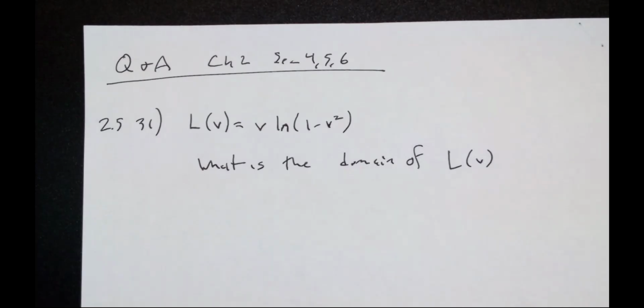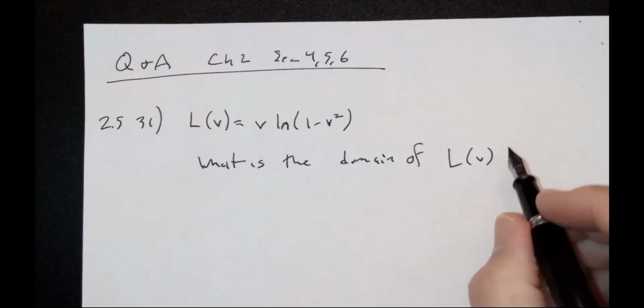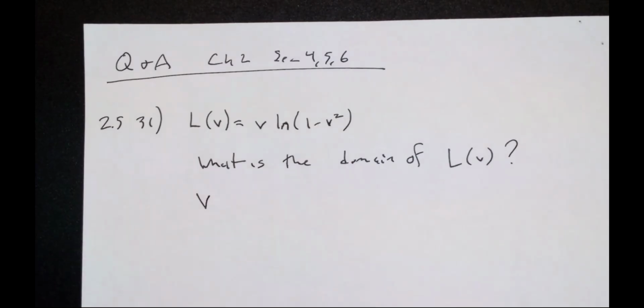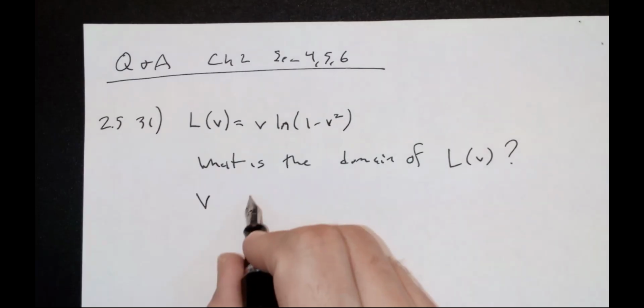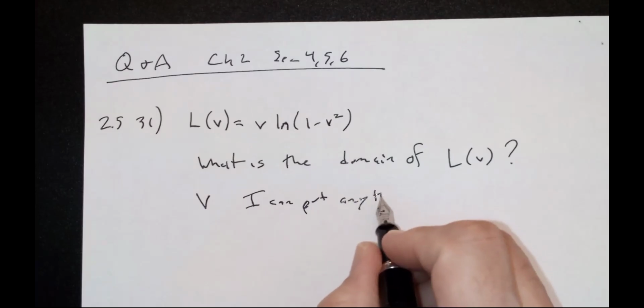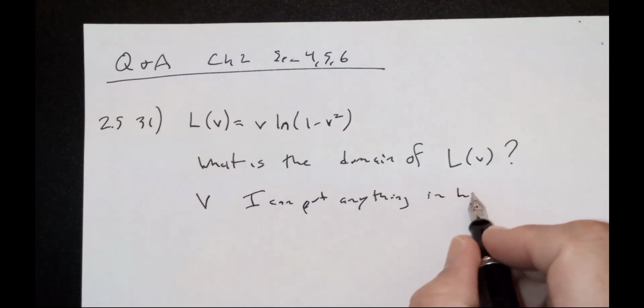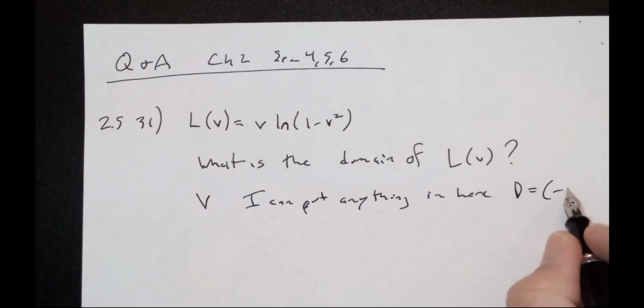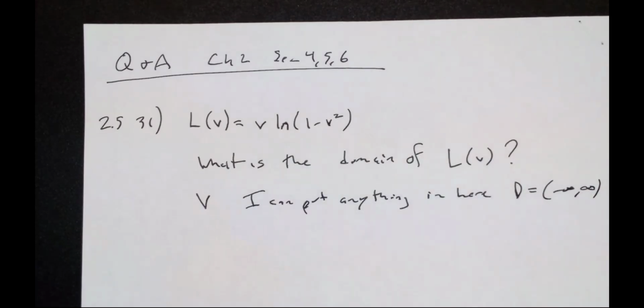Let's start with that piece on the left, v. It's just like f of x equals x. What numbers are you allowed to put into that? Everything. So the domain, at least of that part, is minus infinity to infinity. Yes?